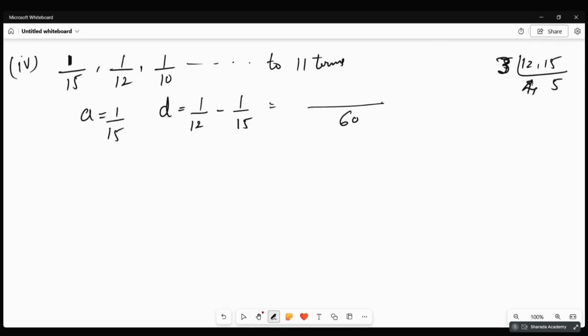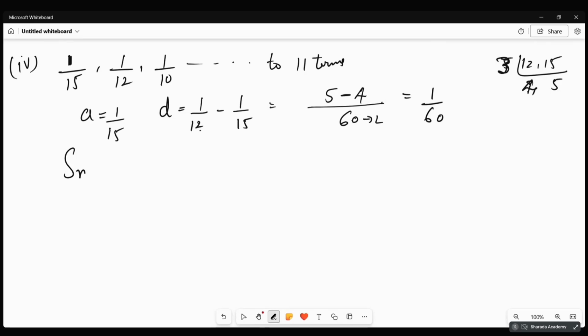So 60 is the LCM here. 60 by 12, how much you will get? It is 5, minus 60 by 15, 4. So you will get 1 by 60, D.